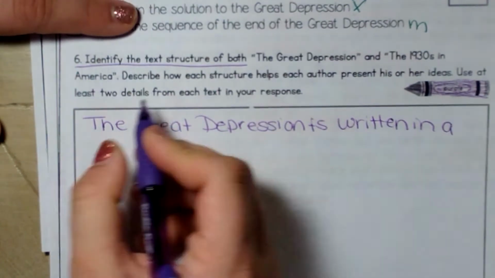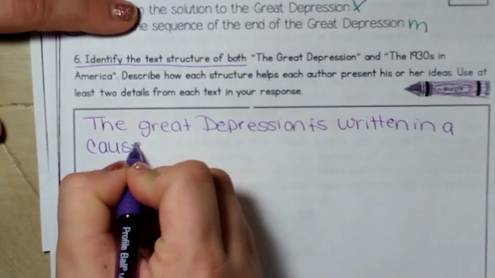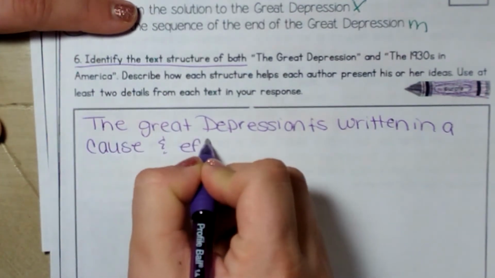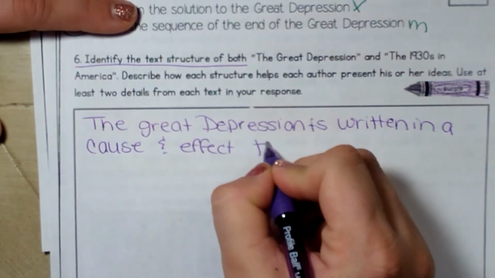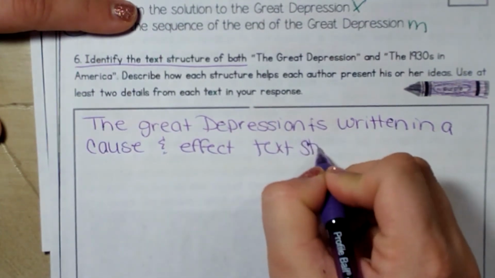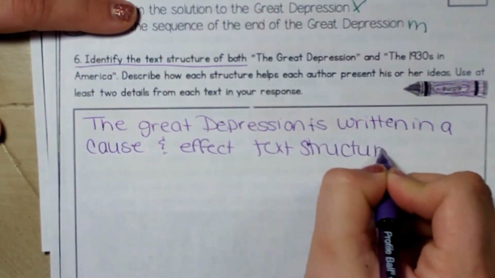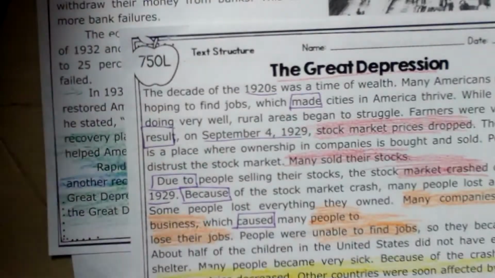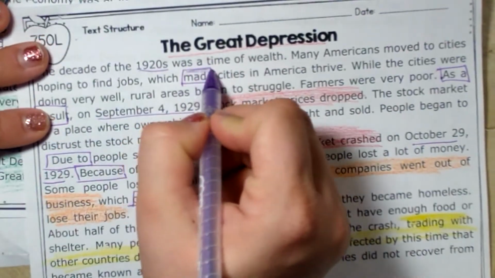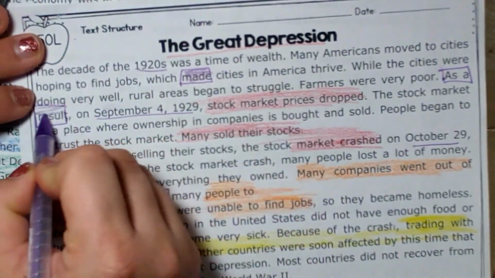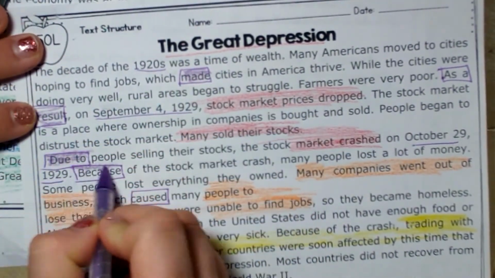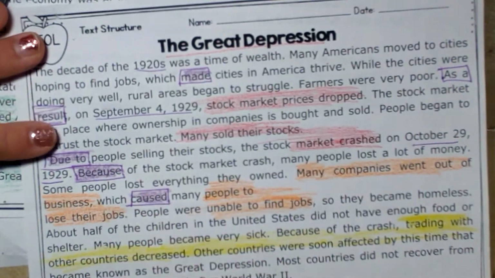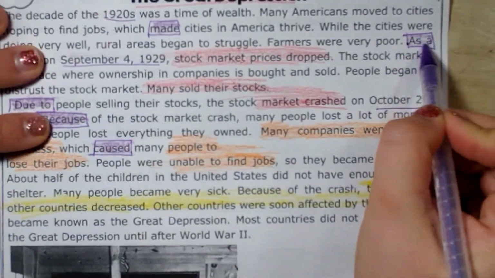in a cause and effect text structure. Now, how do I know that? I'm going to take my purple and I am going to color these words. So anytime I say, what did I color purple?